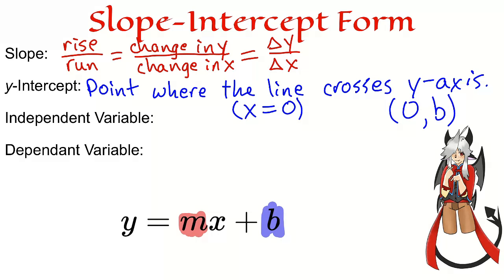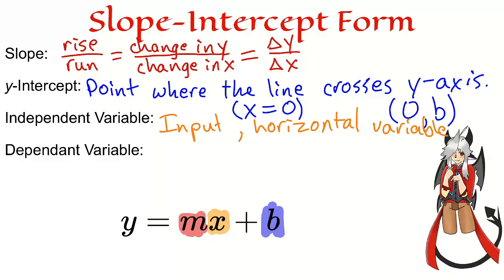The independent variable is x. And we usually think of that as the input. And it is the horizontal variable on a graph.